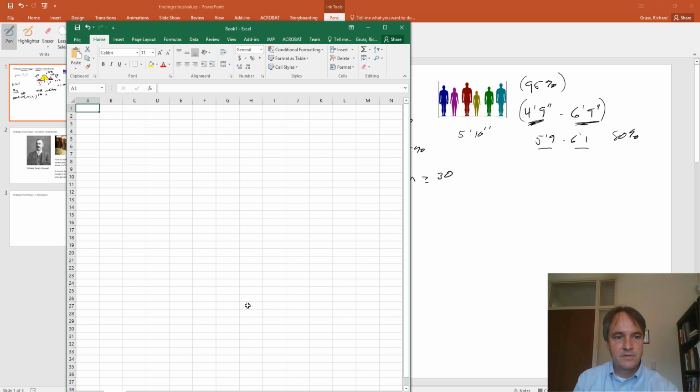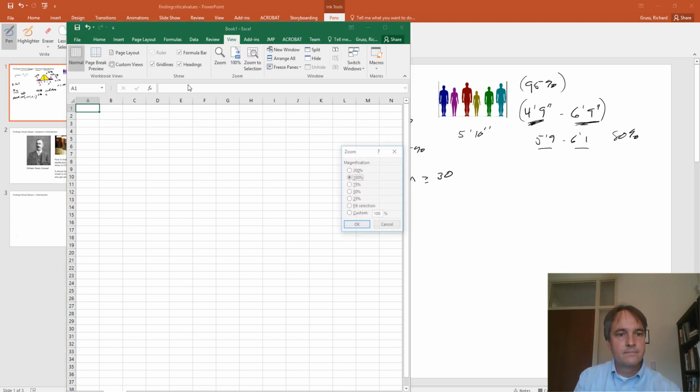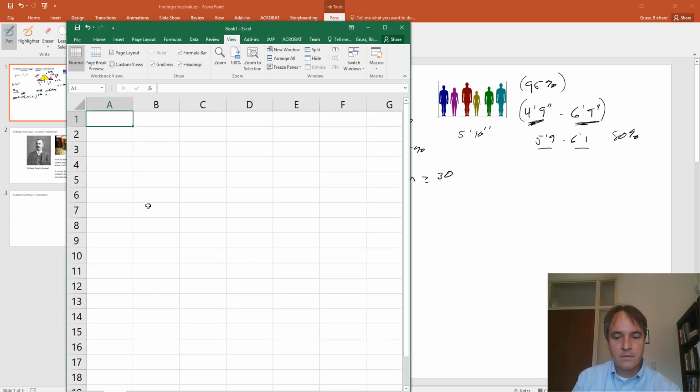I'm going to come over here to Excel. Let's zoom in a little bit here so we can see better. Okay, so NORM.INV. Now see it prompts me with that probability. For the left one, we're going to use 0.025, and we're going to use the standard normal parameters.